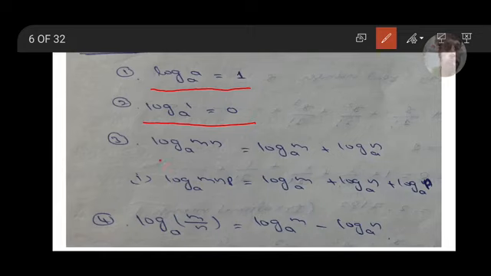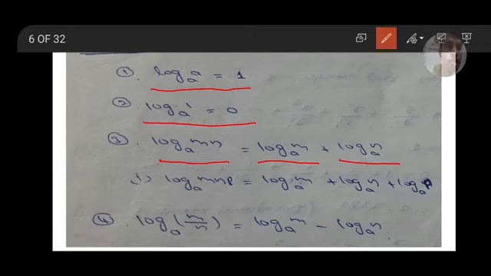Next, logarithm of m into n, the product of two numbers, to the base a. M into n is a product, that can be written as log m to the base a plus log n to the base a. Means if a logarithm contains a product of two terms, it can be written as the sum of two logarithms.